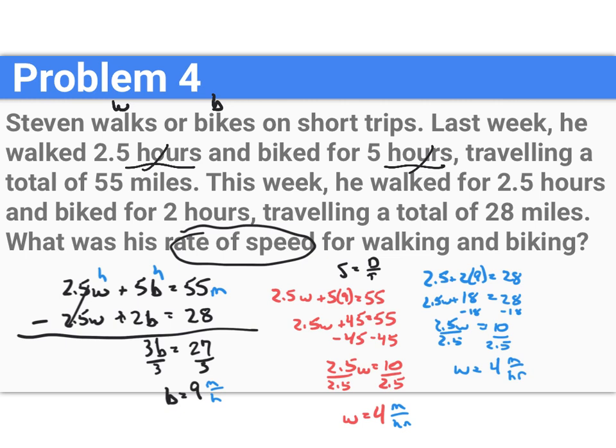So I wanted to go ahead and do the math and then come back and explain how the units worked out. So we ignored the hours at the beginning because we had to deal with walking and biking as our variables. And then it made a difference at the end because if you would have used hours, you would have had 2.5h plus 5h, and then you would have been able to add the h's together, and that would not have made much sense when it came down to dividing.